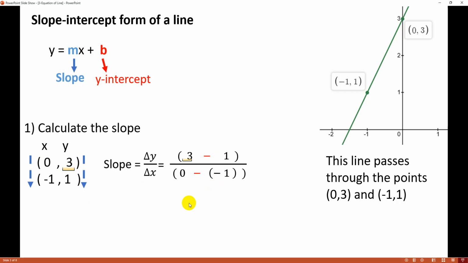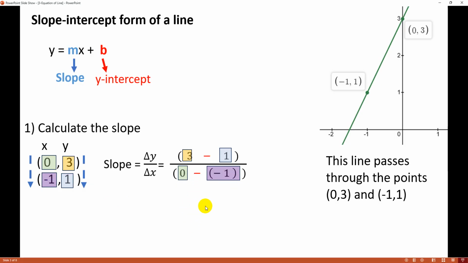So what we're doing again is taking the first y coordinate and subtracting that from the second y coordinate. That will be the numerator of the slope. And the denominator of the slope is the first x coordinate minus the second x coordinate, which in this case is a negative number, -1.